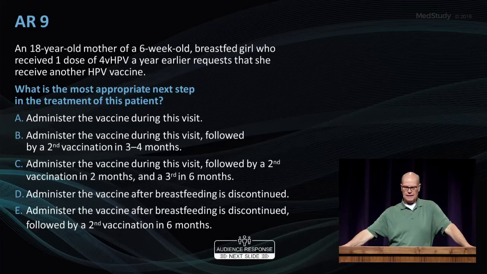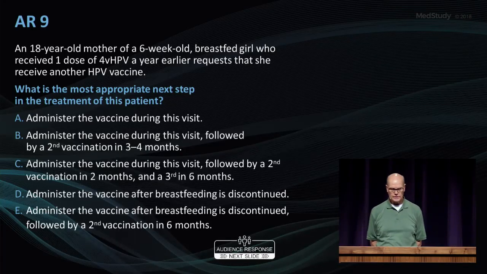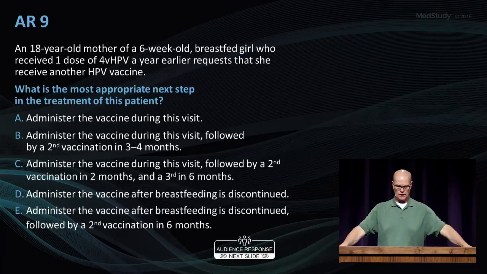Okay, an 18-year-old mom has a 6-week-old. She's breastfeeding her. She got 1 dose of HPV about a year ago, and she wants to have another vaccine. What do you do? Give her the vaccine. Give her the vaccine followed by a second one. Give her the vaccine during this visit, followed by 2 more. In other words, start the series over again.